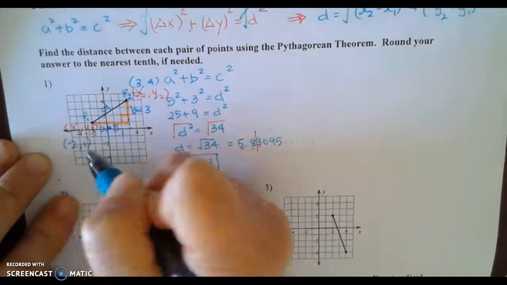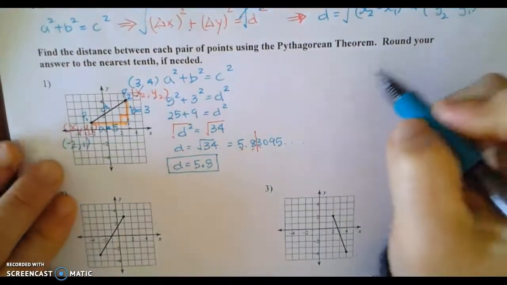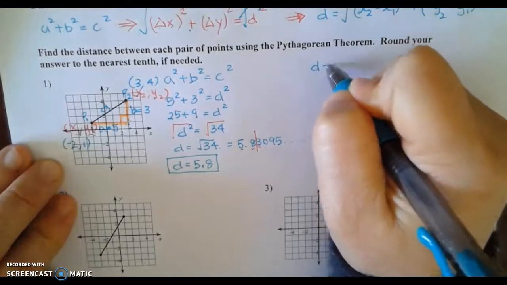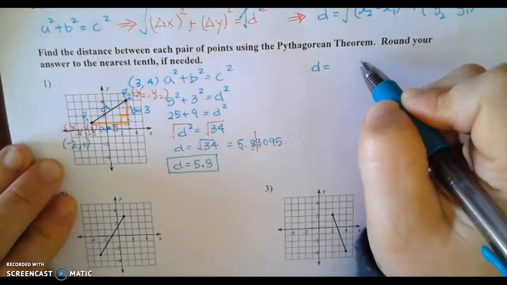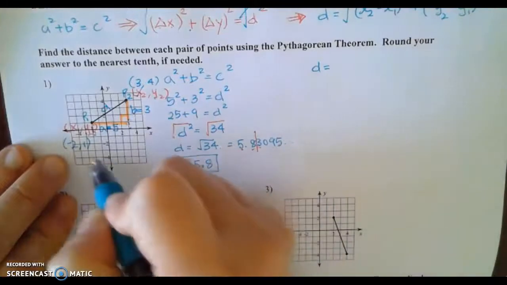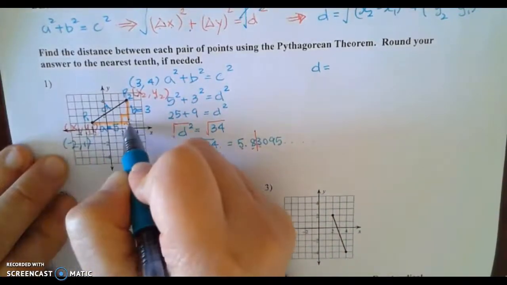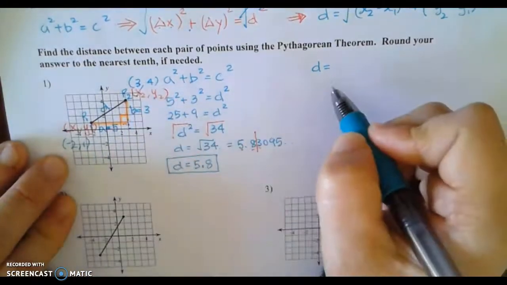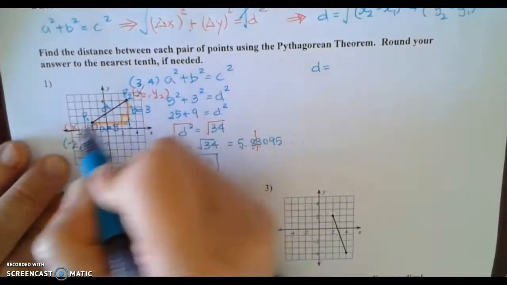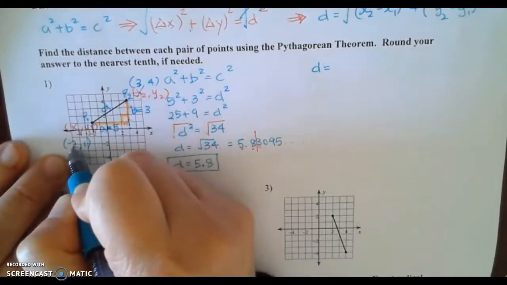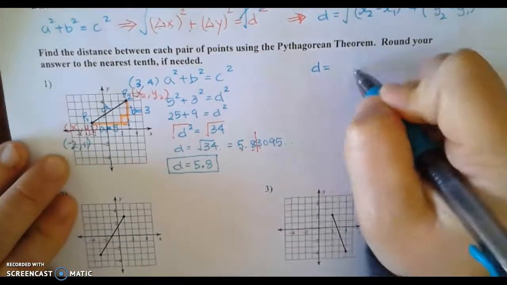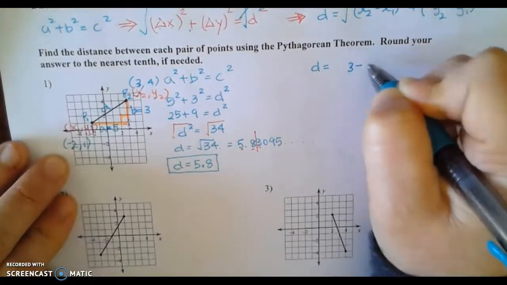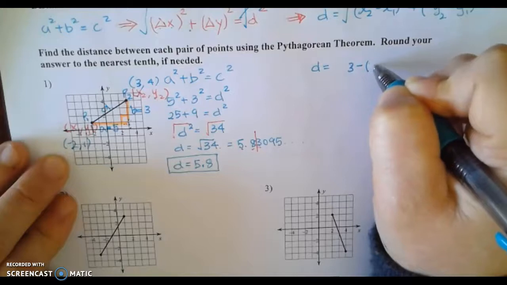So if I use the distance formula, distance is change in x. How much did it change? It went from negative 2 to 3, or we can say 3 take away whatever the x coordinate is, negative 2. So this is 3, because x2 is 3, minus x1 which is negative 2.